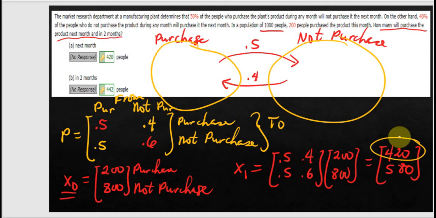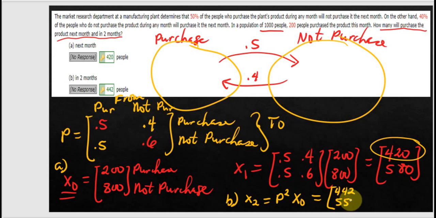And then to find what happens, this is part A. So to find part B, you just raise p to the second power. And so you do that again on your graphing utility, and that's 442 and 558.